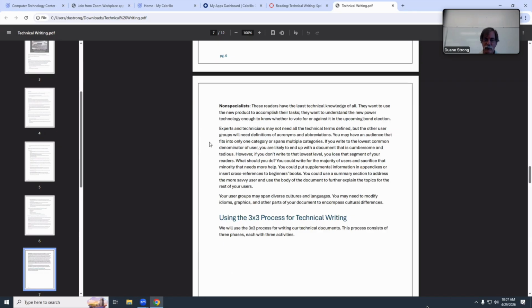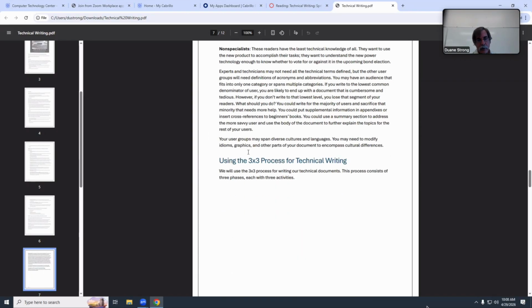So you may have to avoid using those or use simpler ones. Graphics, simple things that you may think are fine as graphics, could be almost an insult to a different culture. So just keep that in mind. You may be writing for multiple cultures.